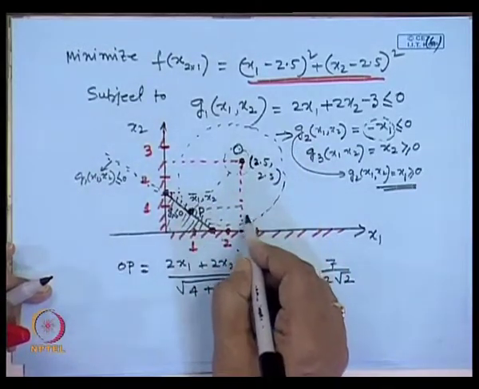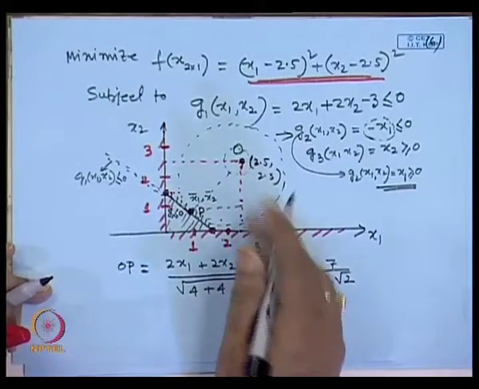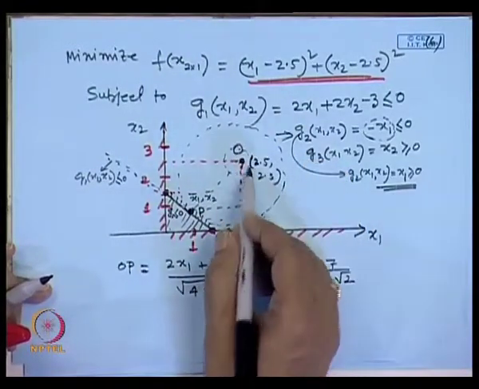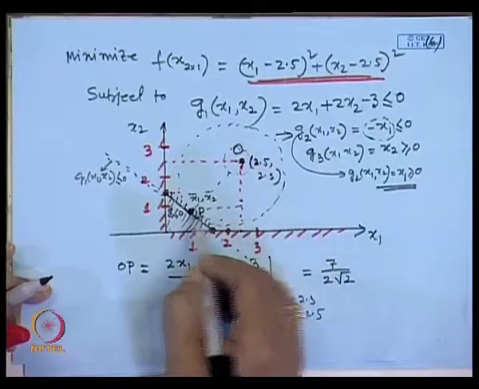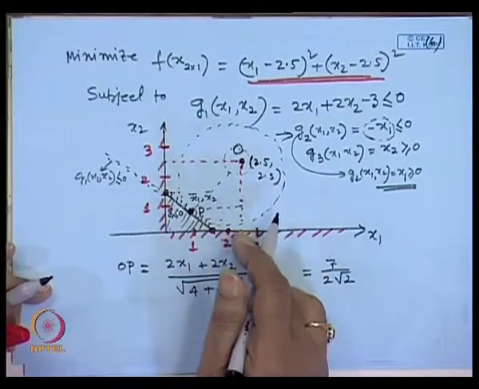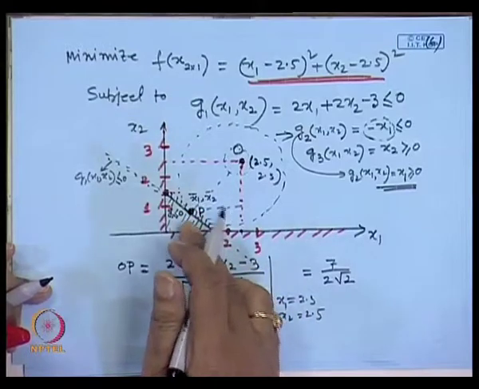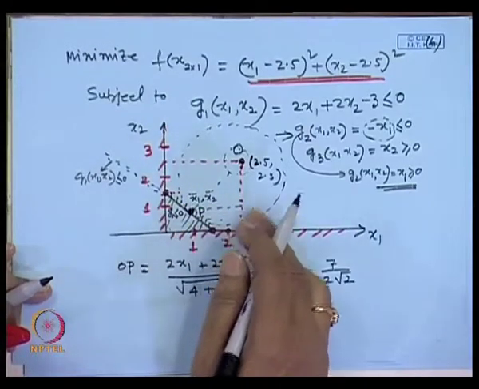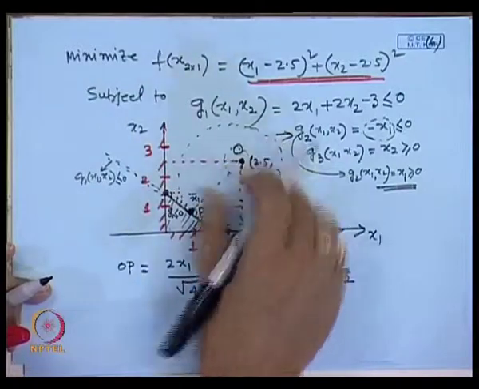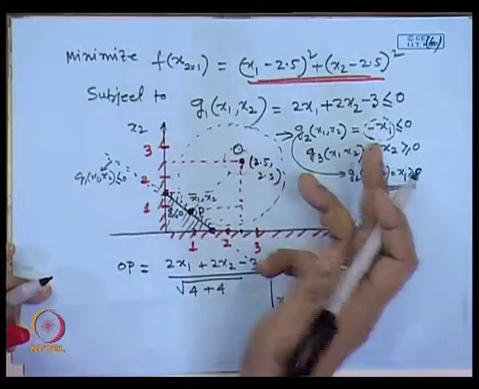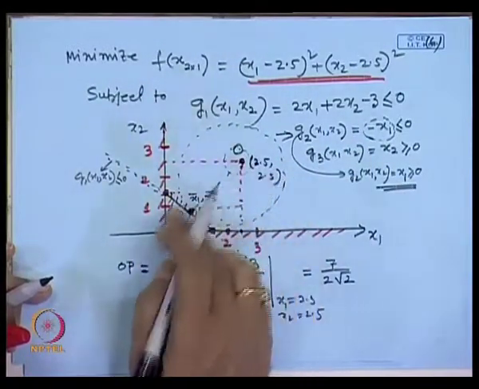From here to here is 2.5 minus x1 bar, and here it is x2 bar minus 2.5, so the ratio of these two is the same, meaning 1. So the slope I know is 1.